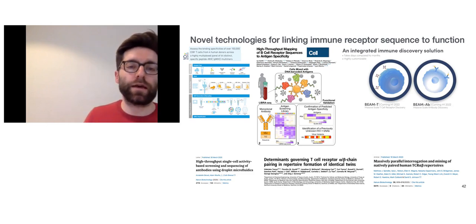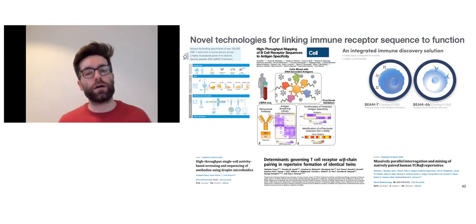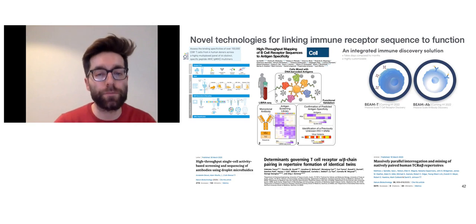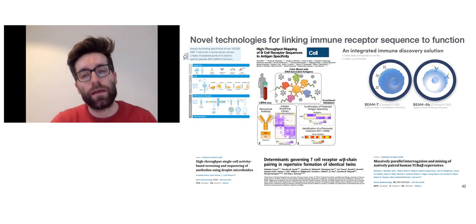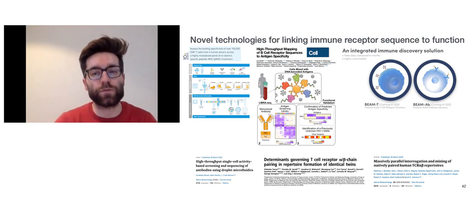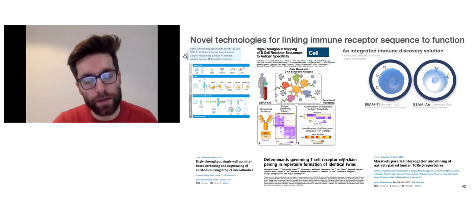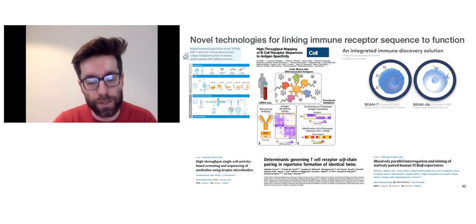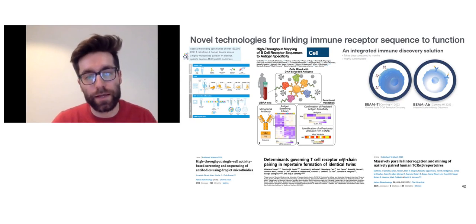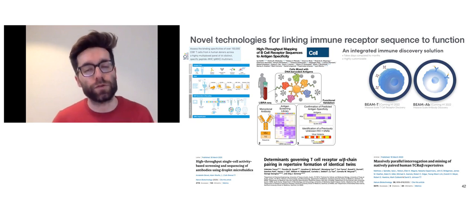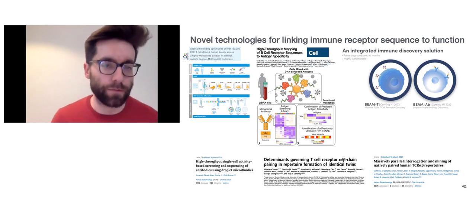There have been a few approaches, both from companies and from academia, to solve this experimentally, because what I think we need is much better, higher throughput and higher quality data that maps an immune receptor to its antigen, or even better, to its epitope. One can only dream, right?